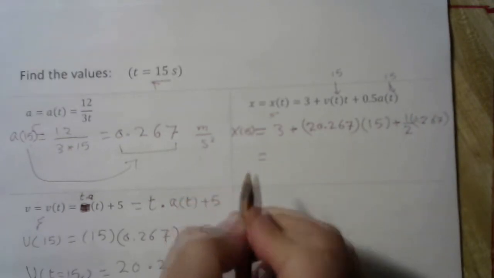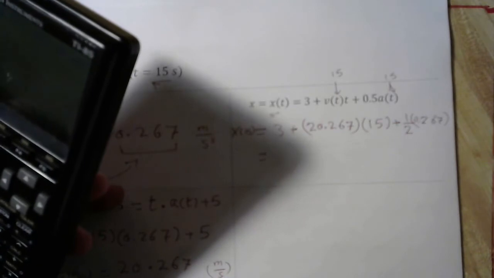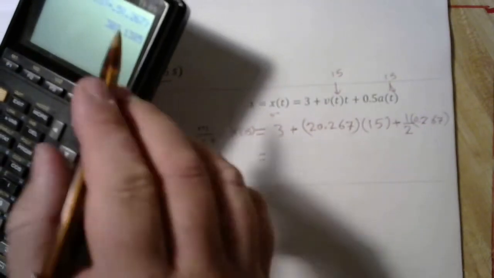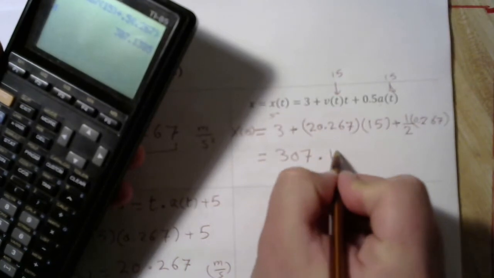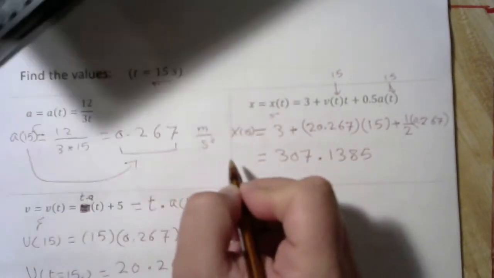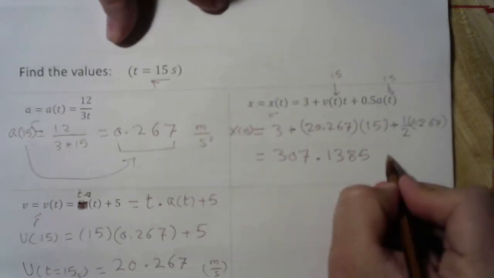I can find the position now. It will be 3 plus half multiplied by 0.67. Okay, it will be, I'll be sure, yes, 307.01385. What is the units of x? It is meters.